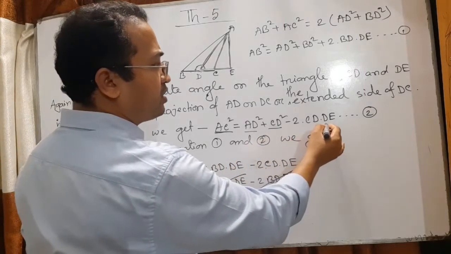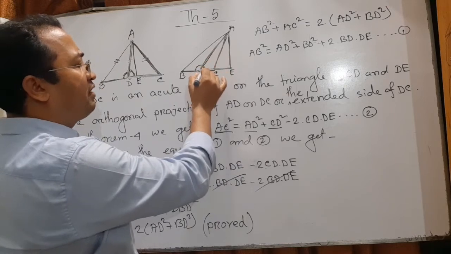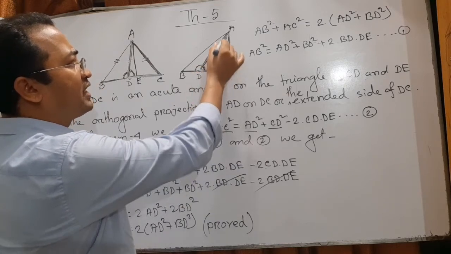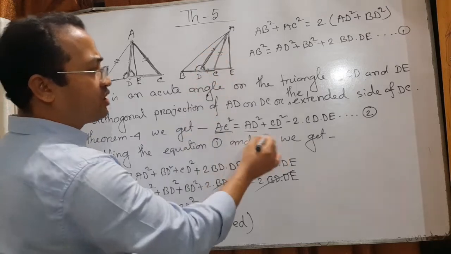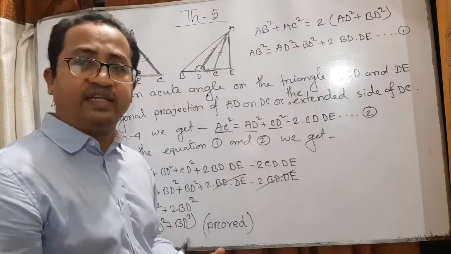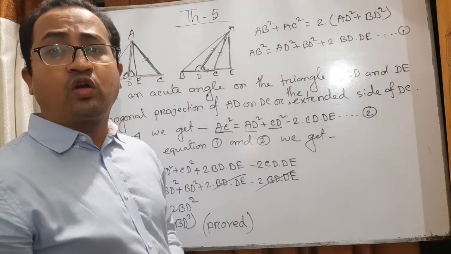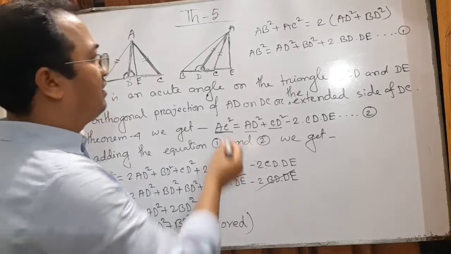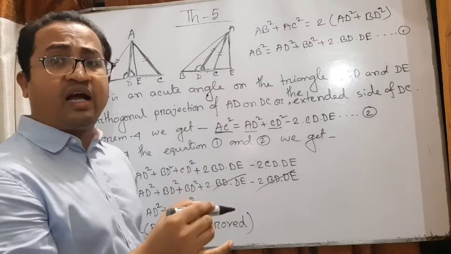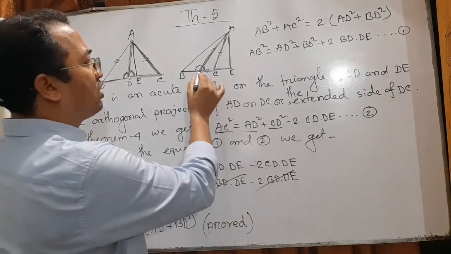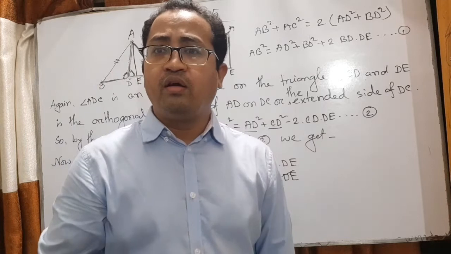So CD into DE. Here also the side opposite the acute angle is AC. AC square is equal to AD square plus DC square, diminished by twice the area of the rectangle whose one side is DC and whose breadth is the orthogonal projection of AD, that is DE. So this is theorem number 4.